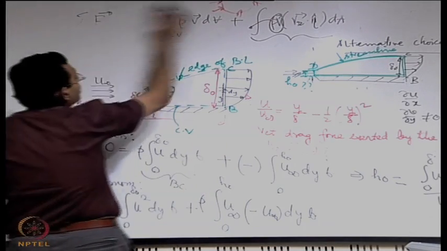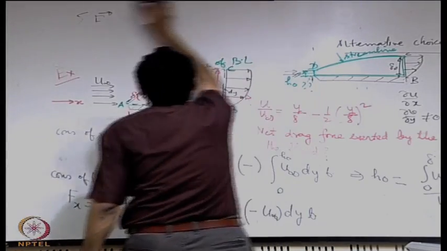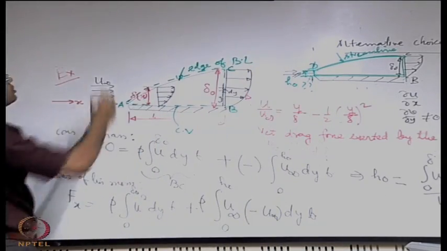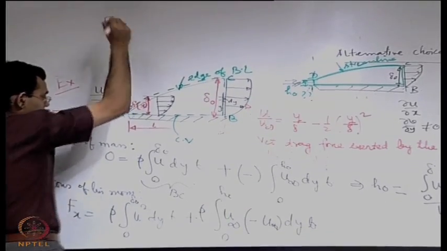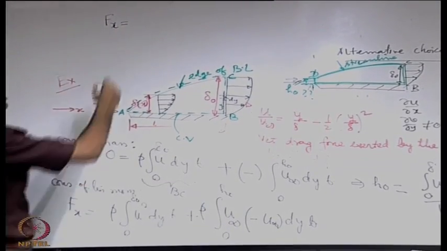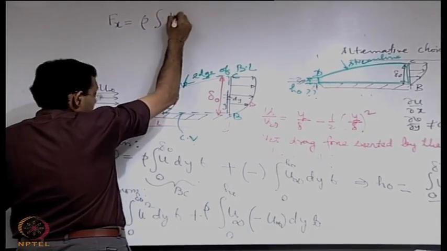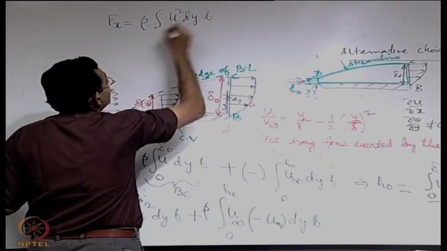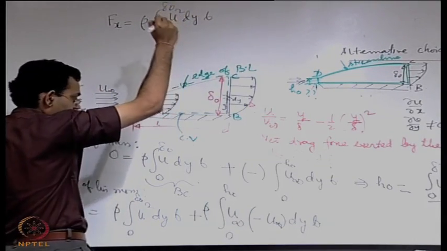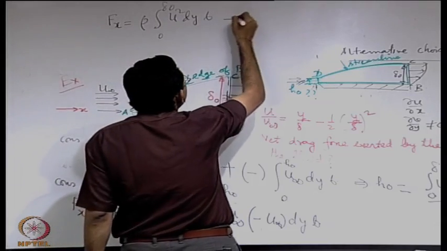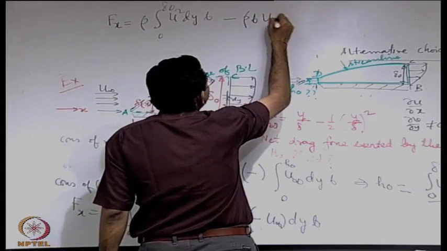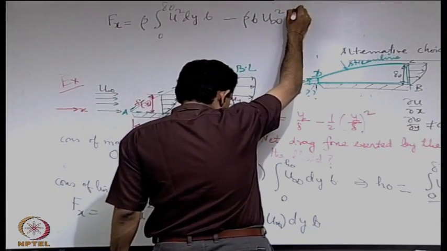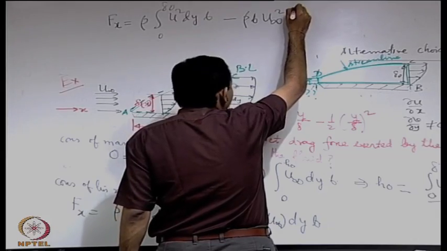So what will be our Fx? Let us just write it clearly. Fx is equal to rho integral of u square dy b from 0 to delta naught minus rho b u infinity square into h naught.